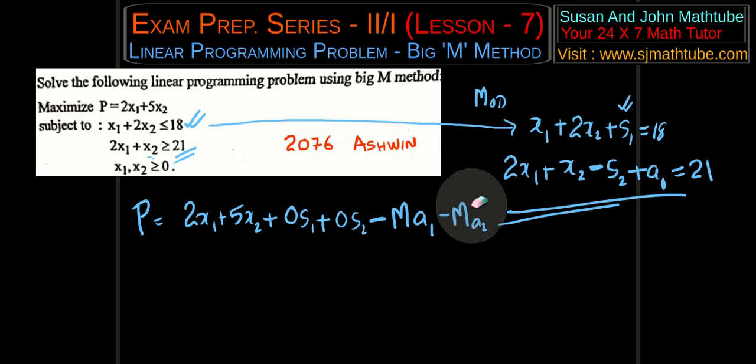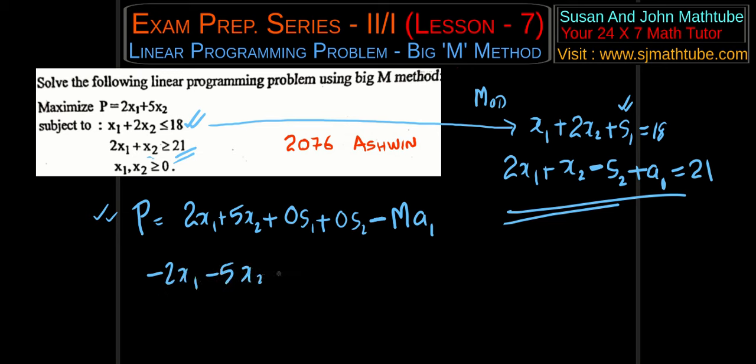Now, as usual, we take everything to the left. So you get minus 2x1 minus 5x2 plus MA1 plus P equal to 0.